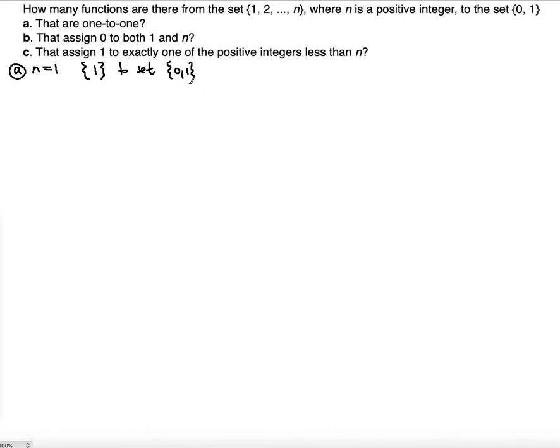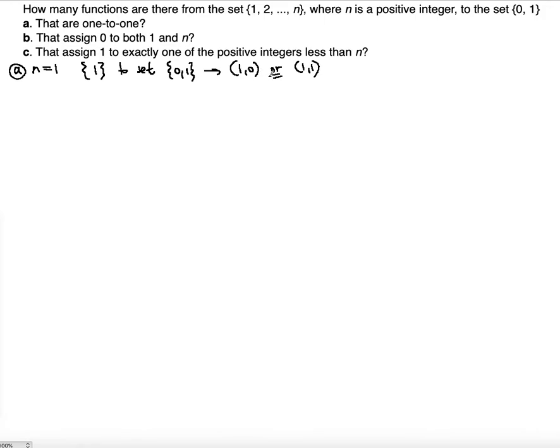The possibilities for the one-to-one are going to be (1, 0), or, that's a different function, (1, 1). How do we know that these are different functions? We're assigning 1 to 0 or 1 to 1. We cannot assign both, because otherwise it's not going to be a function.